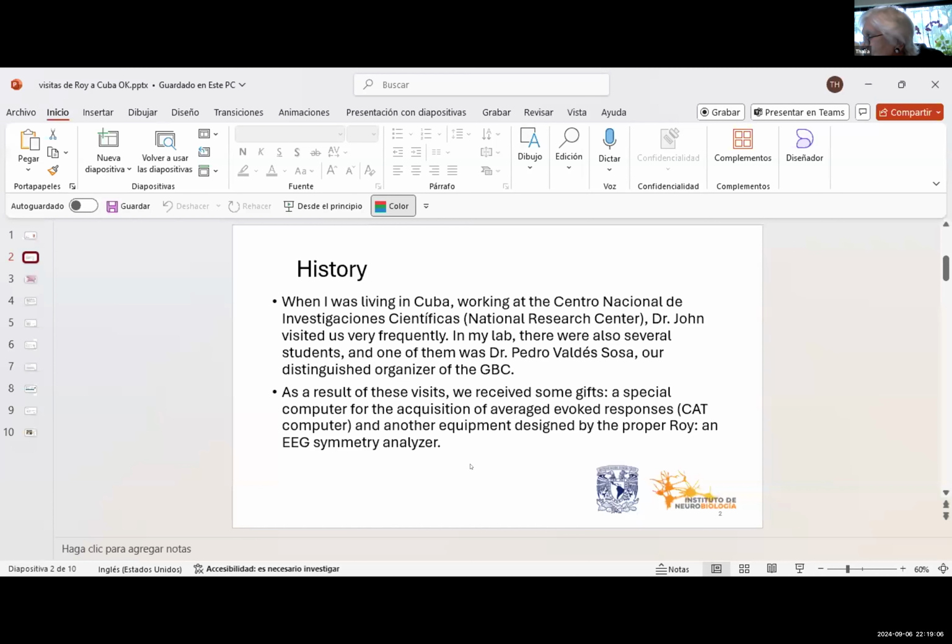As a result of these visits, we received some gifts: a special computer for the acquisition of average evoked responses, a CAD computer, which has been shown by Professor Michel Valdez, and another equipment designed by Roy, that was the EEG symmetry analyzer. I am going to talk about this symmetry analyzer and the results we obtained.